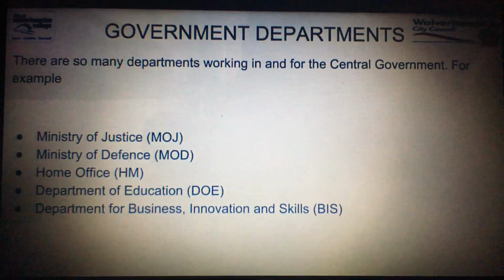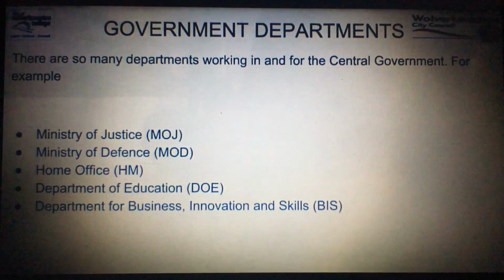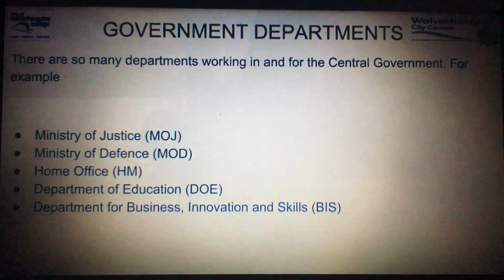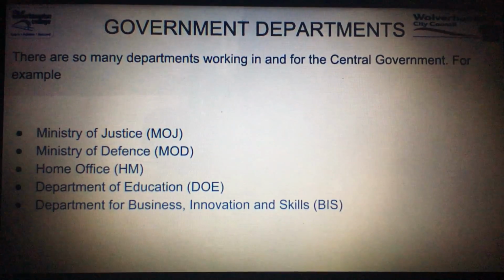With the help of these departments, the central government runs smoothly and in an organized way, keeping up with the demands and the health and safety of the people at the same time.